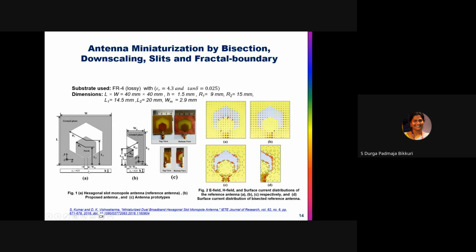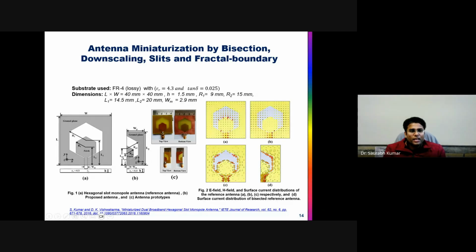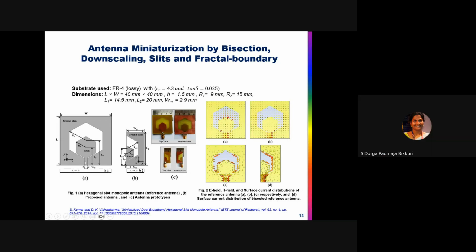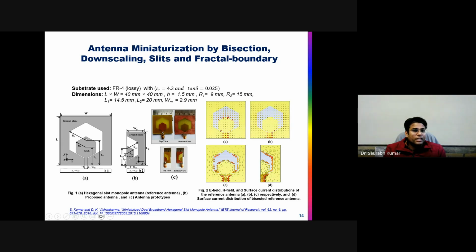In the monopole structure, if you cut it into half, it will be from the symmetric boundary condition only. There your electric field is symmetrical about this axis. If you see here, the electric field is symmetric. What is here is the same as what is here, it is the same. So from this boundary only you can cut the antenna to get similar behavior, and the current distribution is also the same on both sides.